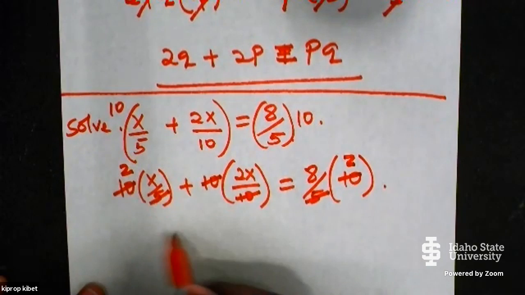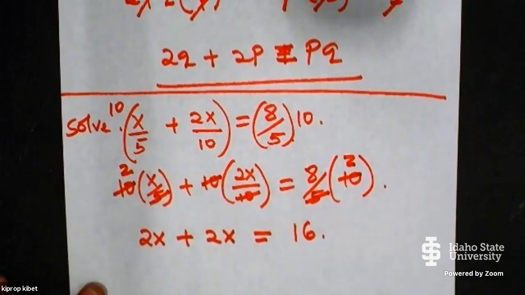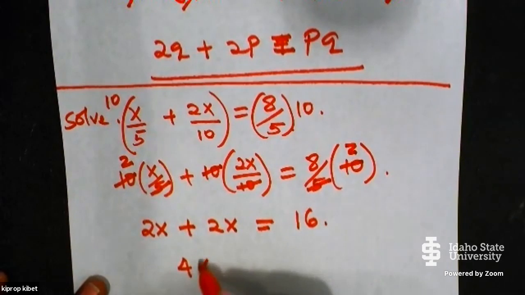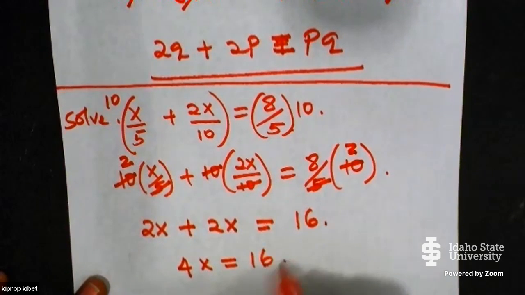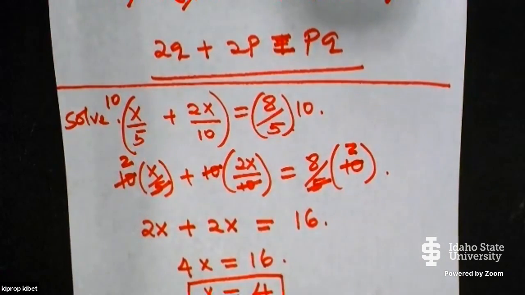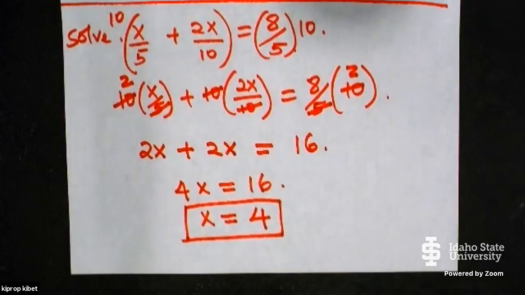So what remains is 2x plus 2x equals 16. So 4x equals 16, so x equals 4.